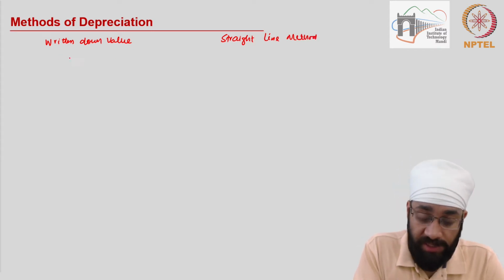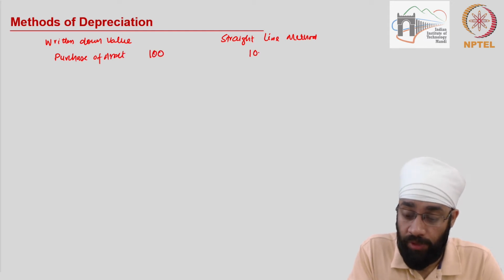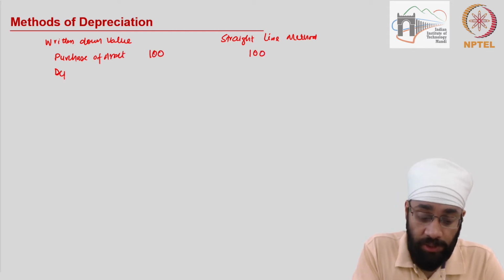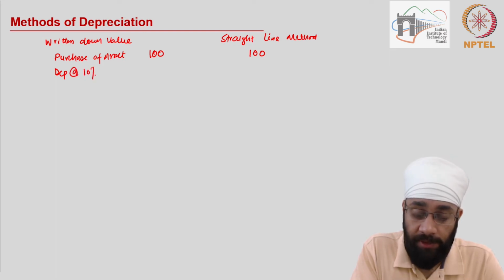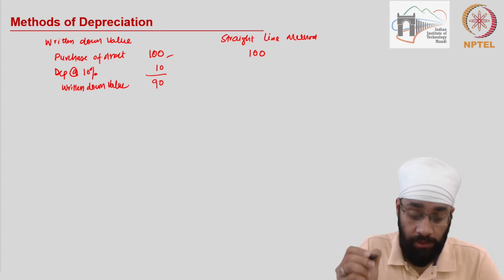So when you purchase an asset, let's say the purchase of asset which costs you 100, in the first case, the depreciation is going to be charged at the rate of 10% on this value, and you have 90 as the new book value, or which can be called written down value here.